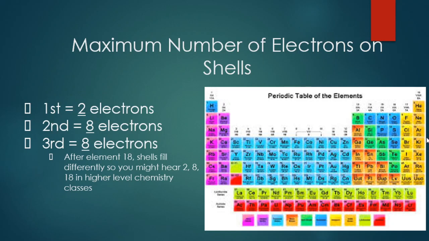When you go past 18, which we won't cover in general chemistry, the higher chemistries will talk more about the different shells after that. Here I just want you to learn up to 18. You might hear 18 or even higher, but we'll leave that for AP chemistry.